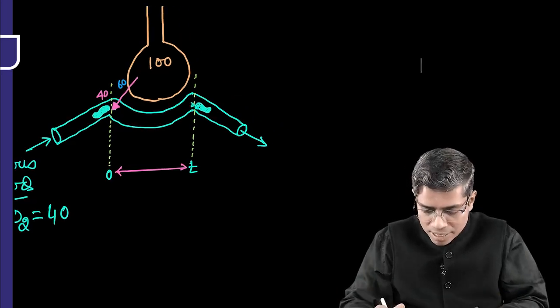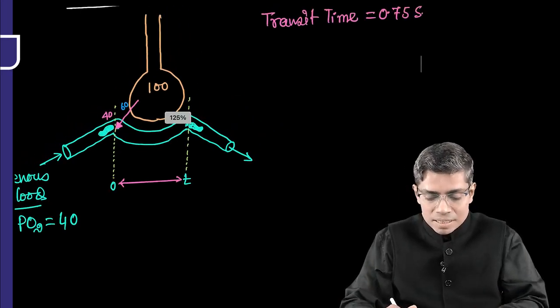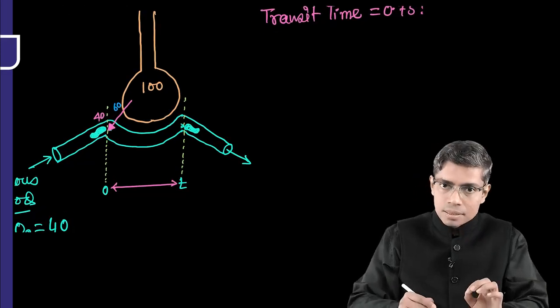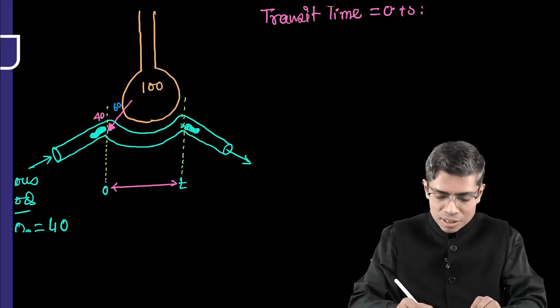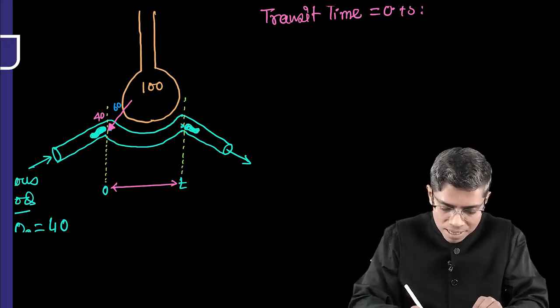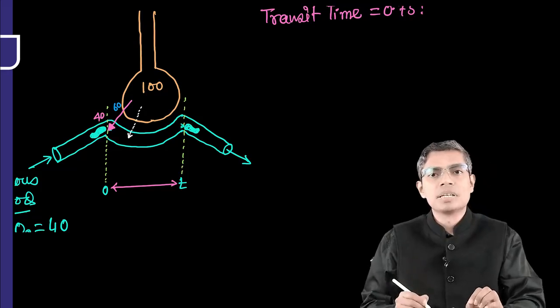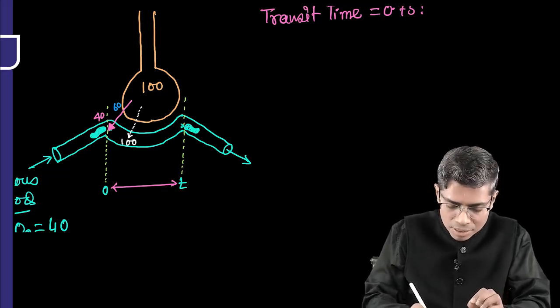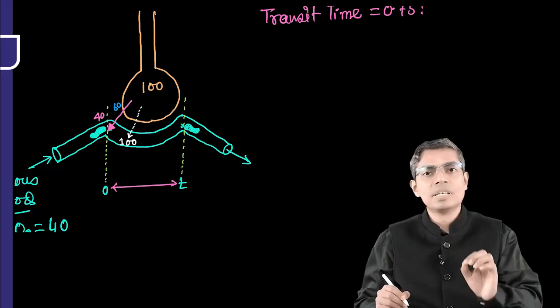Or in respect to time, if I ask you how much time it requires for diffusion equilibrium for oxygen to occur. Remember, this diffusion equilibrium will be reached when the RBC has traveled only 1/3 of this pulmonary capillary. Only 1/3 of this pulmonary capillary, and only then will the partial pressure of the pulmonary capillary be 100 millimeter of mercury.